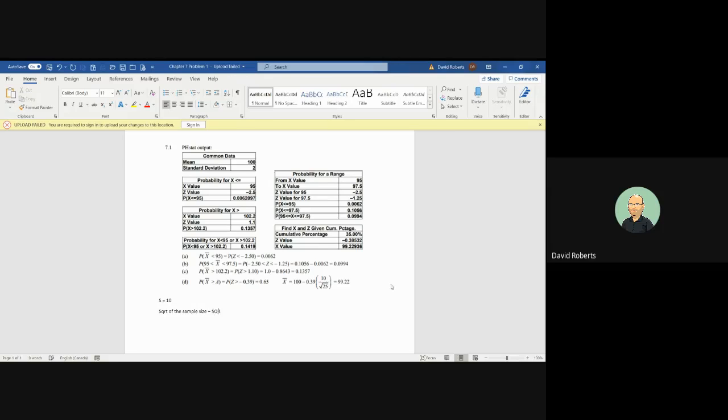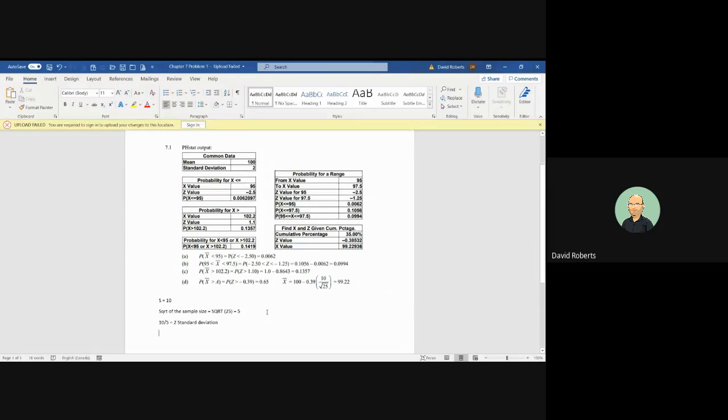In this case, you take the square root of 25. You get 5. And you wind up with the 10 divided by the 5 gives you 2 for your standard deviation. So you have to be careful to make sure that you do that.